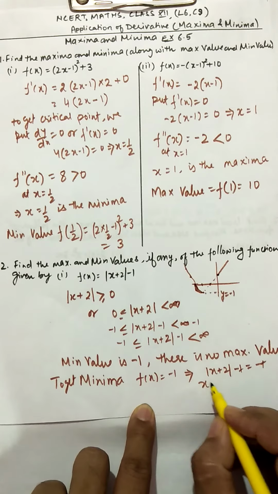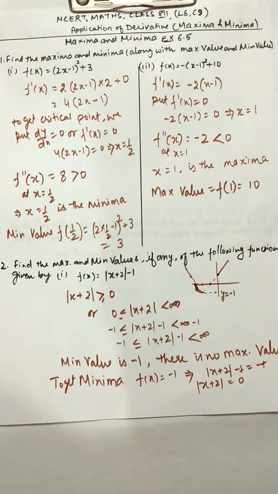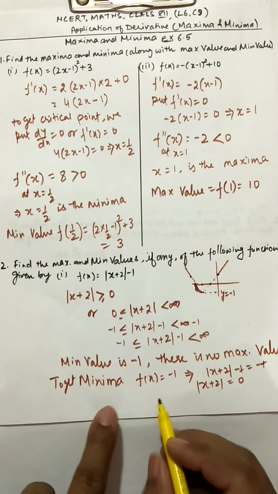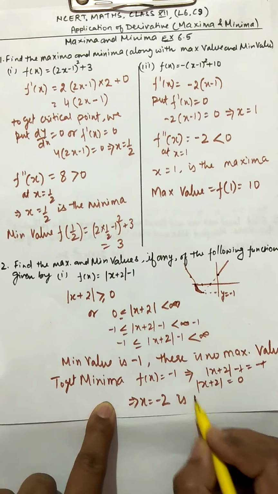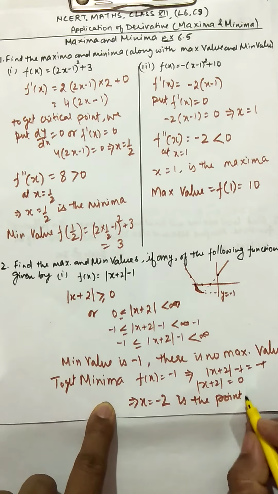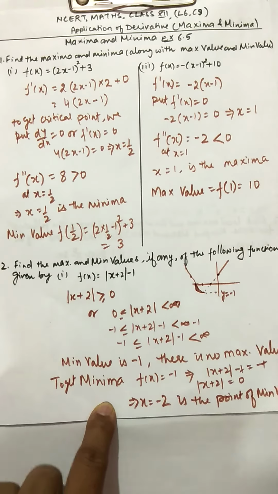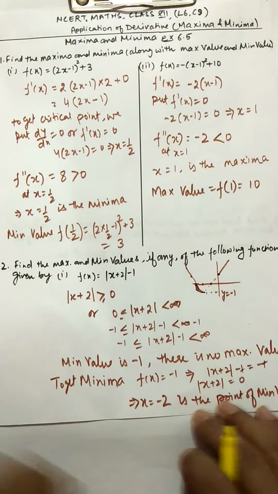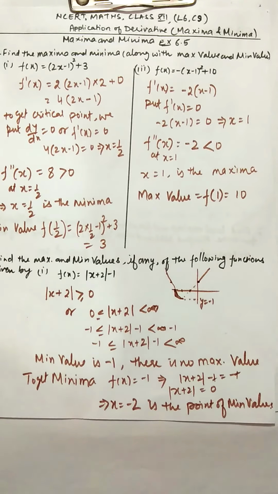So now x + 2 = 0, and that is possible only when x is -2. So it implies that x = -2 is the point of minima, the point of minimum value you can say.